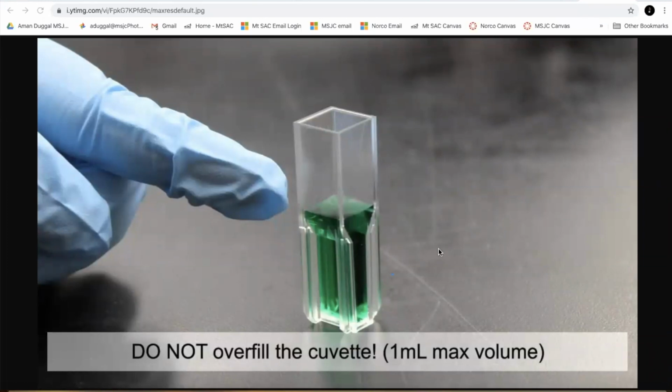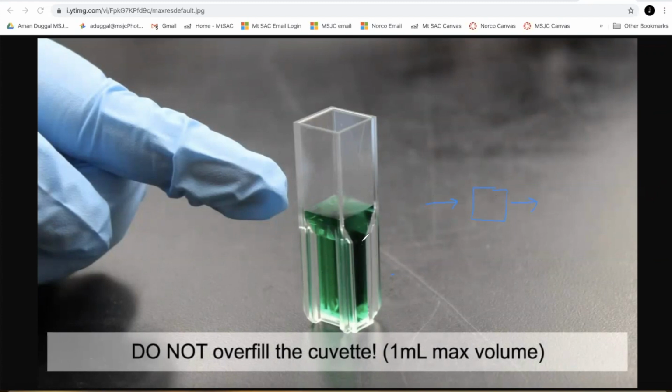When we are placing this into a spectrophotometer, it basically has a place where we put this cuvette in. It's important that we wipe down these sides, because if I touch this side with my fingers and have my fingerprints here, and then I put this into the spectrophotometer, and the light is passing through here, then my fingerprints are going to absorb some of the light.